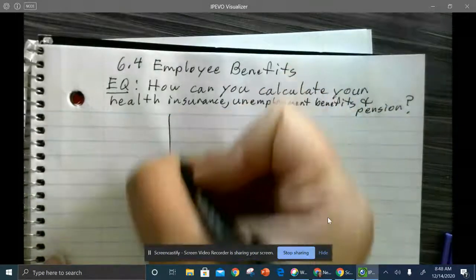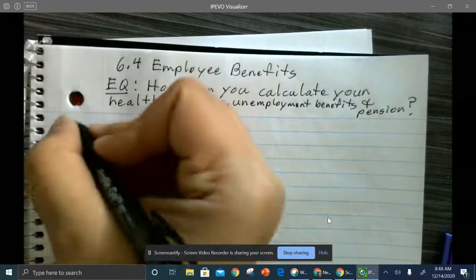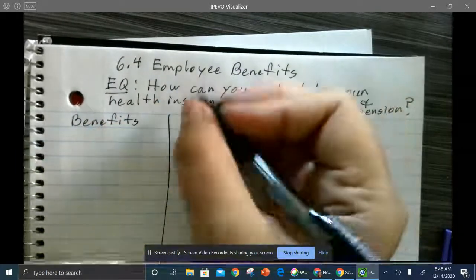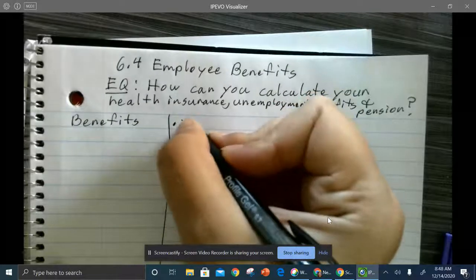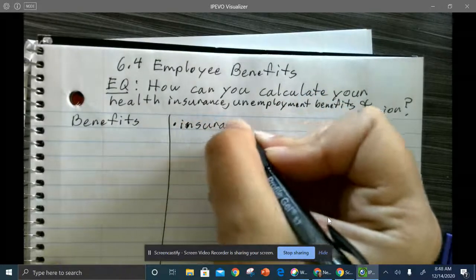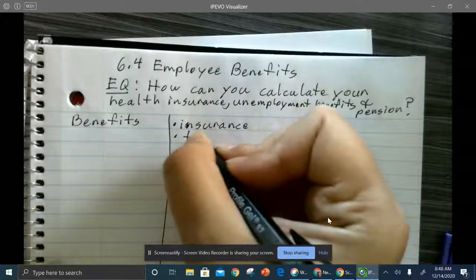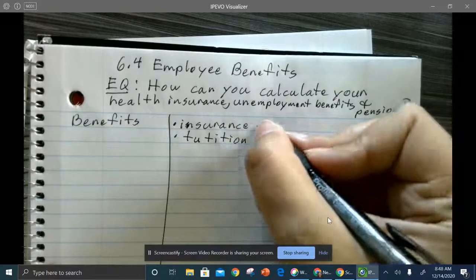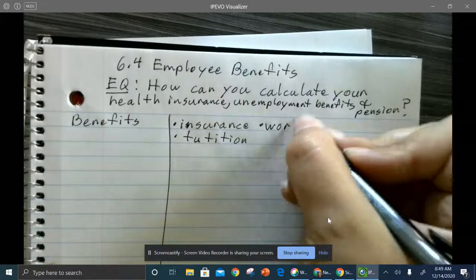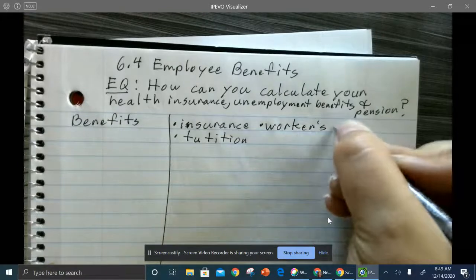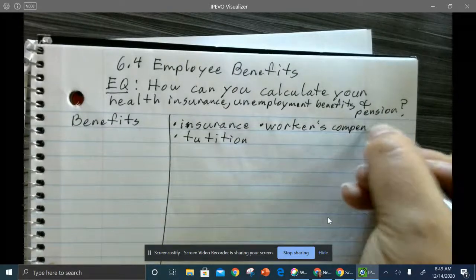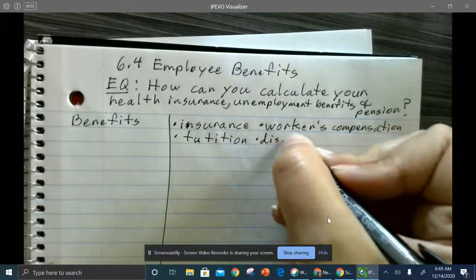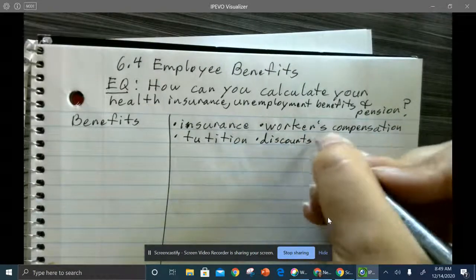Okay. So everybody think about some of the benefits that you have when working. So they give you insurance, tuition. So companies often do like tuition reimbursement, workers' compensation. So if you're hurt on a job, sometimes they'll give you like discounts, free stuff.